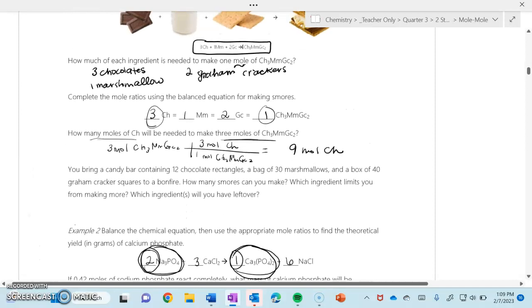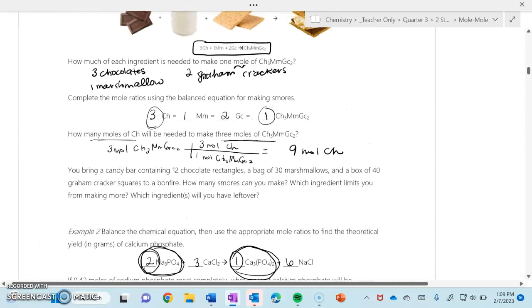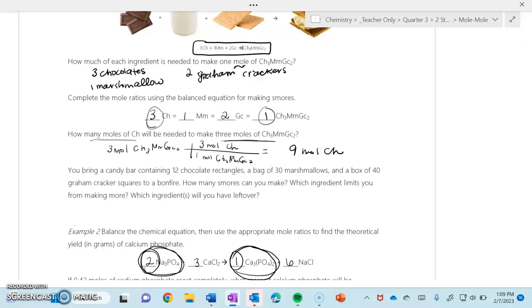Now, sometimes we have lots of ingredients in our lab, or if we're talking about food, in our pantry that are available, and there's going to be one ingredient that eventually will run out first. And we call that the limiting factor, or our limiting reactant. So in this example next that we're going to read, we want to know which ingredient will limit us based on how much we're bringing to this bonfire.